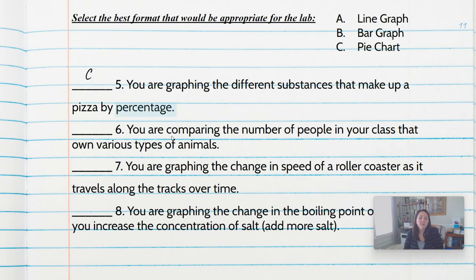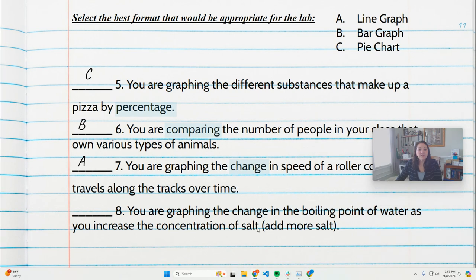Number 6, you are comparing the number of people in your class that own various types of animals. When you compare, you use a bar graph. That would be B. Number 7, you are graphing the change in speed of a roller coaster as it travels along the tracks over time. When you show change over time, you want to use a line graph, A. And lastly, you are graphing the change in the boiling point of water as you increase the concentration of salt, as we add more salt.